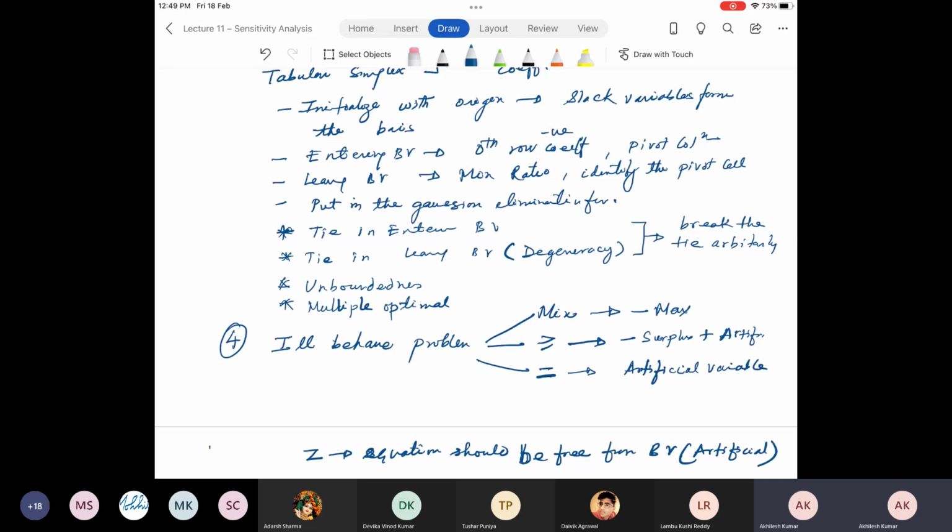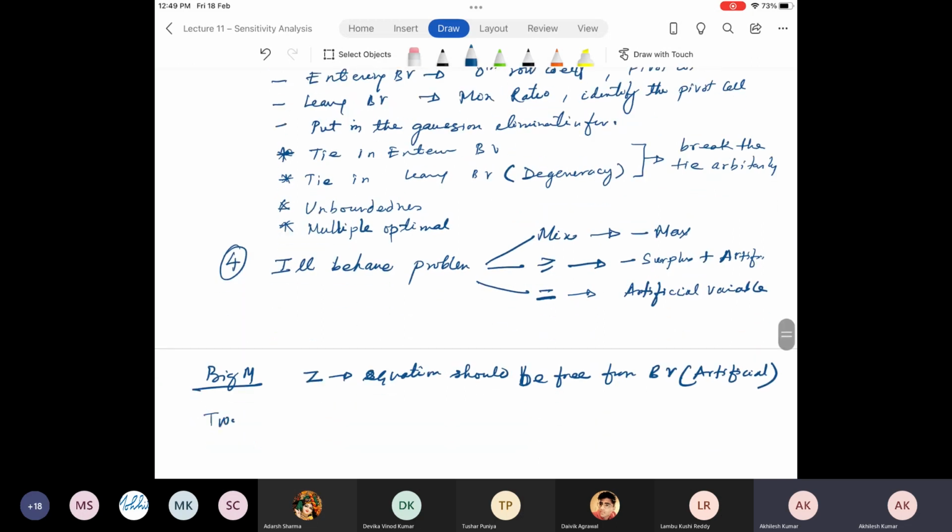I'm talking about only big M. Because you are adding artificial variable, you are multiplying them with big M in the objective function value. Now artificial variables are your basic variables also and present in the zeroth equation also. So we subtract those artificial variables and then proceed.